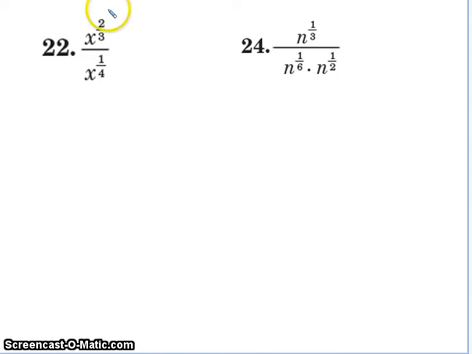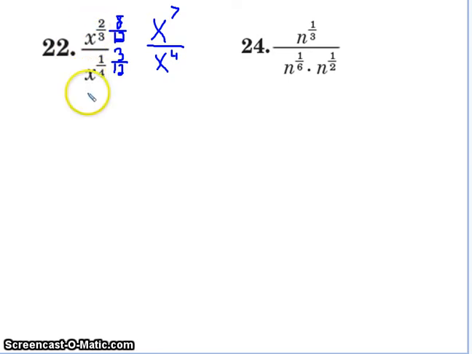We have division here, and if you remember from the rules last night, if you had x to the 7th over x to the 4th, you subtract. And so we're going to do the same thing here, only our issue is we have to have a common denominator. Our common denominator is going to be 12, and so this is going to give me 8/12, and then 12 multiplied by 3, so 3/12.